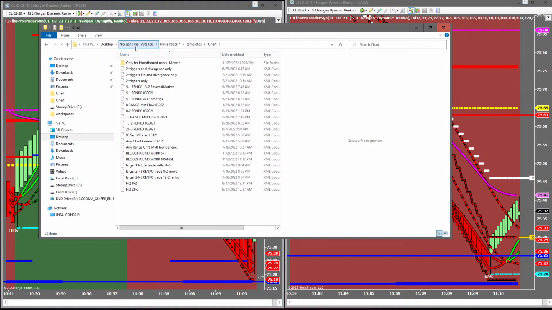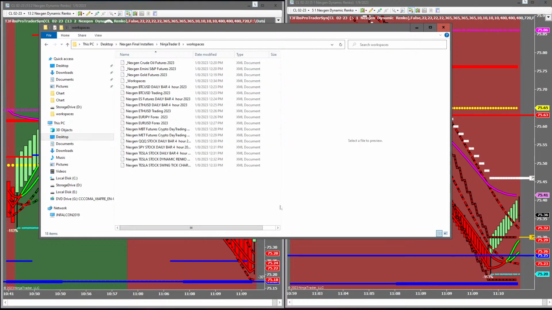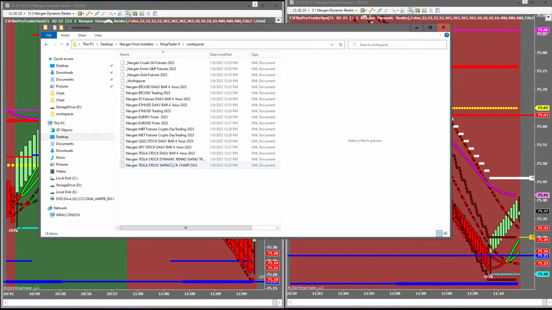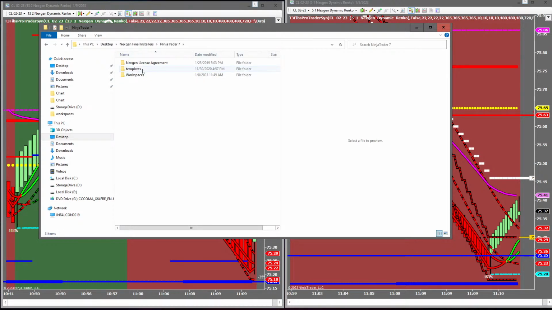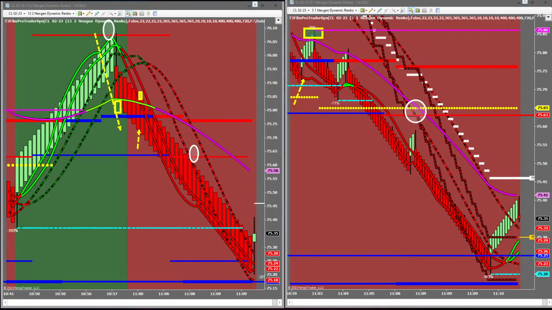Well, after I did all the Ninja 8 workspaces first, I was like, you know what, I'm not going to change the templates, but I forgot to add it to the Ninja 7. I will fix it immediately. Dagnabbit. Now you can go save the template.